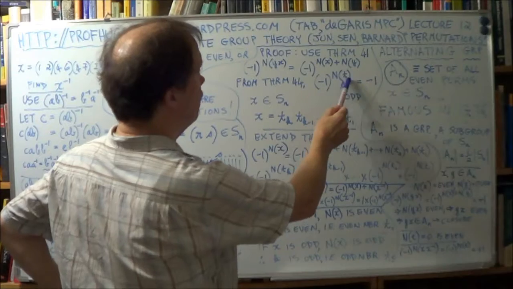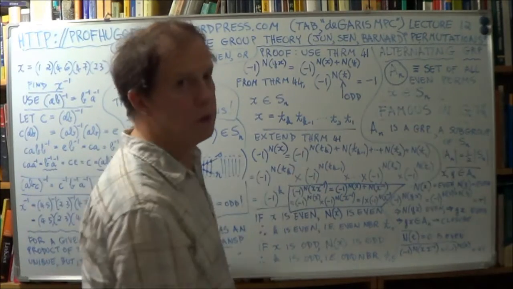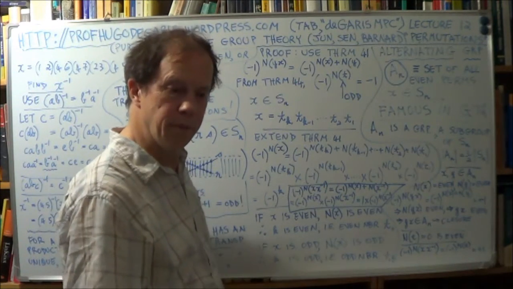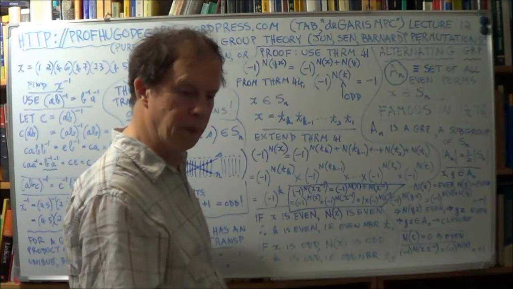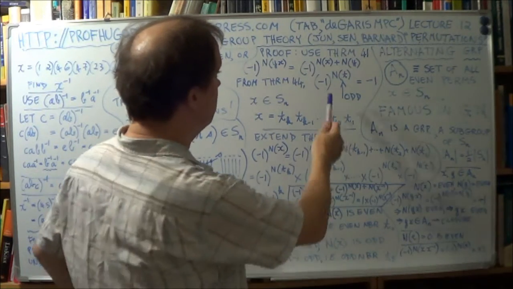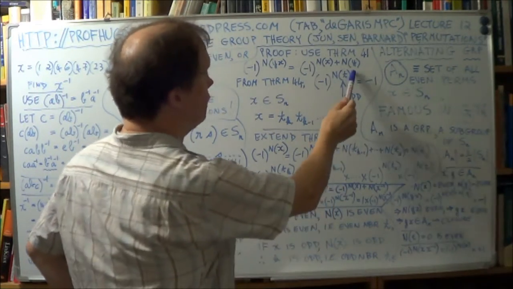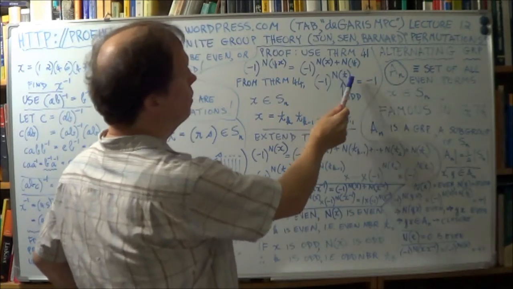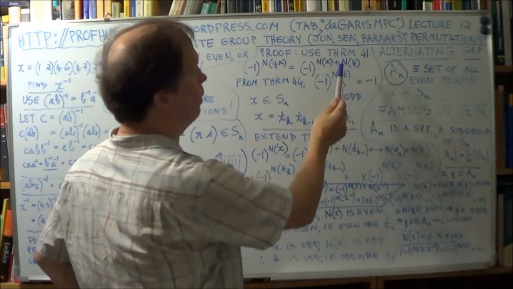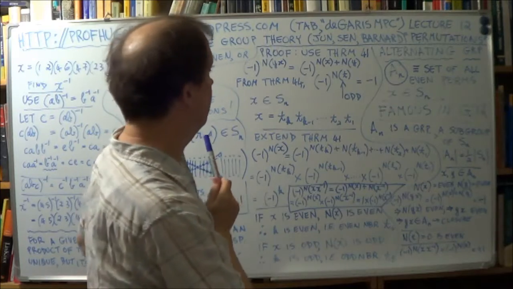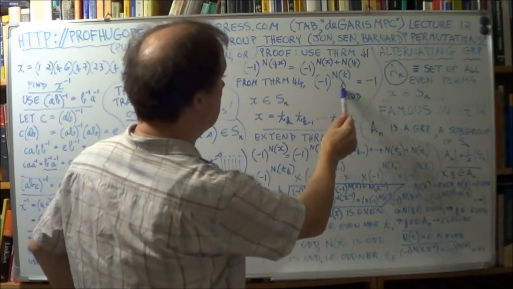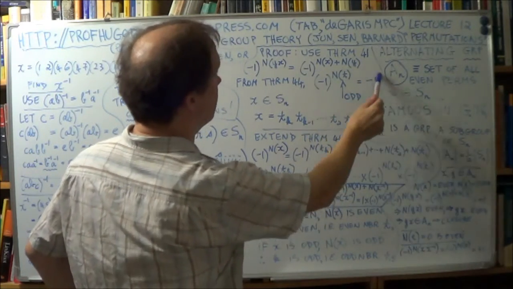So this number here will be an odd number, right? Because it has an odd number of cross points. This t. Okay, so this is an odd number. So minus 1 raised to an odd number gives you -1. Okay, so remember this. We'll use that.